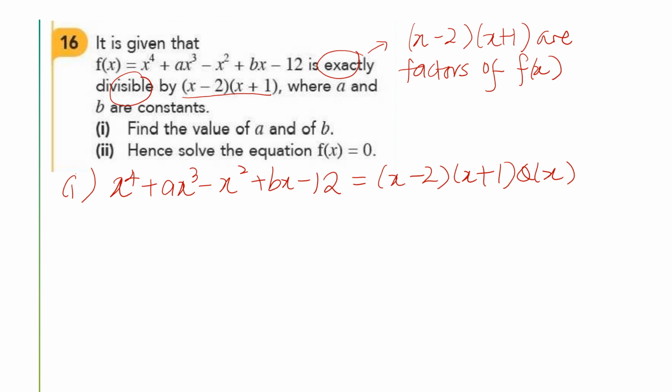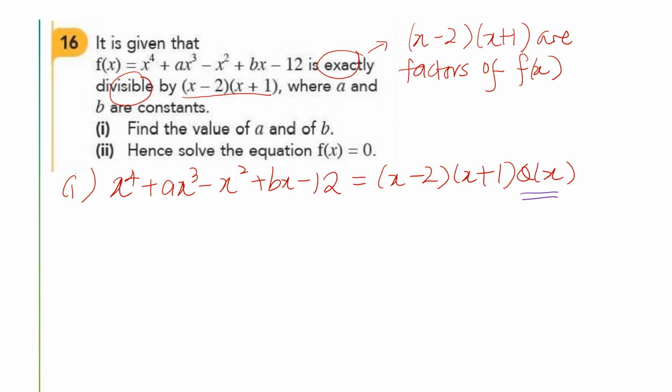So this is something similar to what we have done in the subtopic solving identity, finding unknowns in identity. We can use substitutions to get rid of your q of x. If you examine the two linear factors, we can look at the first linear factor first.